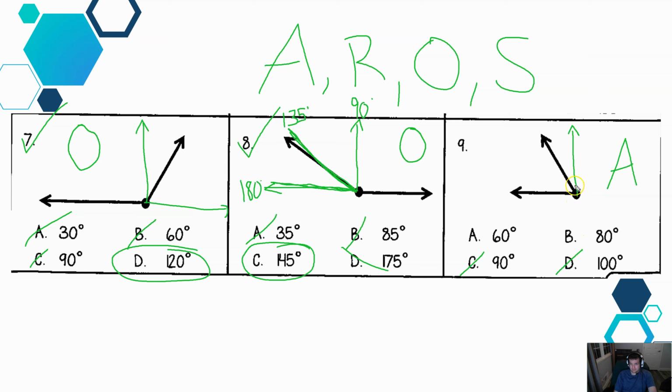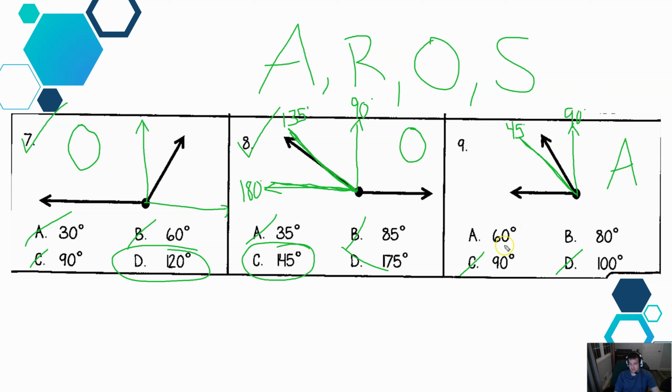Now, this one's going to be a little tricky here because if I look at this one, here is the halfway point, right? Halfway between 0 and 90 would be 45. It looks to be pretty close to the 45 degree.